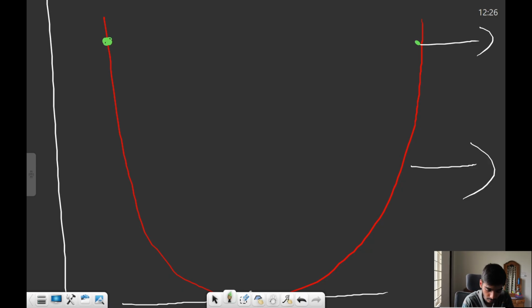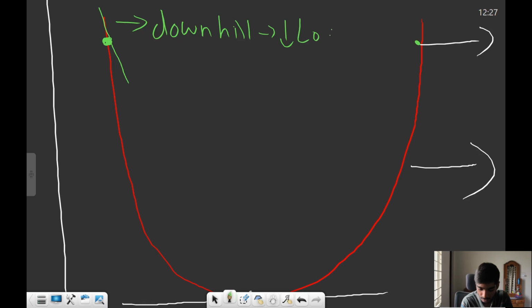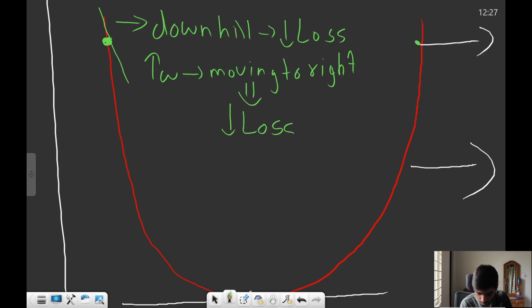After calculating the derivative of this function, we found the slope to be negative, which means moving right along the curve, we move downhill, decreasing the loss function value. So if we increase w, which directly means moving to the right, it will decrease the loss value. If we move to the left, then we move upward and the loss function value will increase.